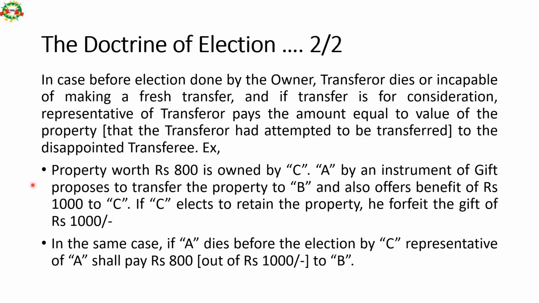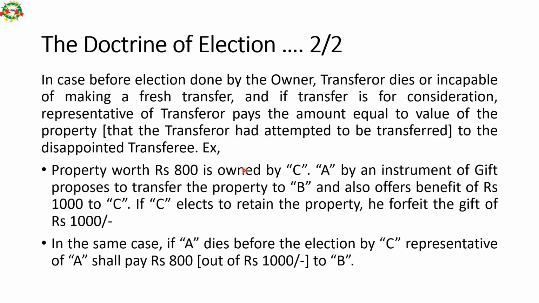So, for example, property worth 800 rupees is owned by C. A, by an instrument of gift, proposes to transfer the property to B and also offers a benefit of 1000 rupees to C. A wants to gift this property to B. A is not the owner.